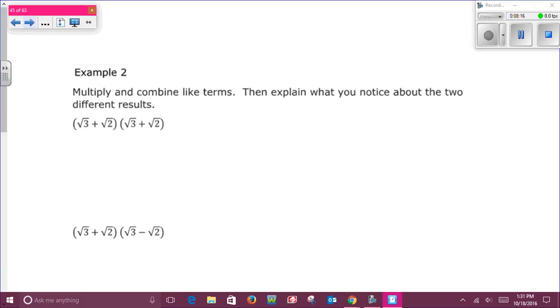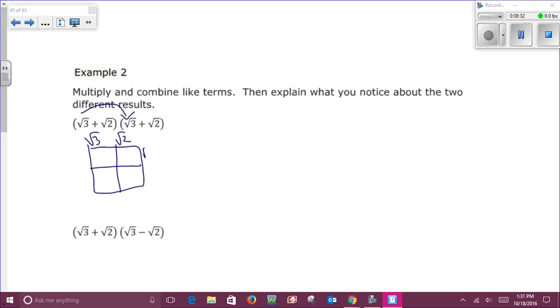Multiply and combine like terms and explain what you notice about the 2 different results. All right, so here, when I multiply, you can do this with the box method if it's easier for you to do that, and I don't care. For some people, this is easier. Radical 3 times radical 3 is radical 9. Radical 2 times radical 3 is radical 6. Radical 3 times radical 2 is radical 6.